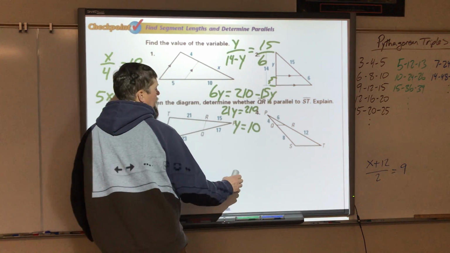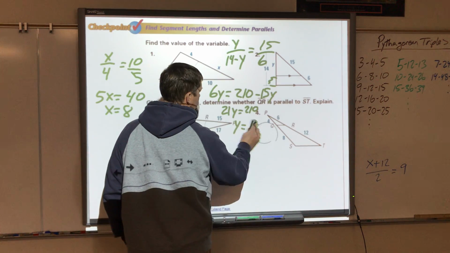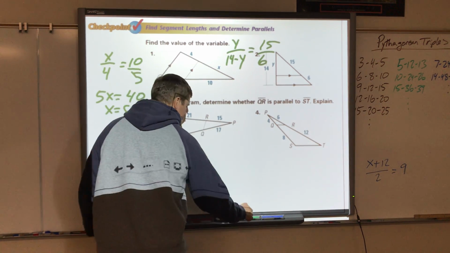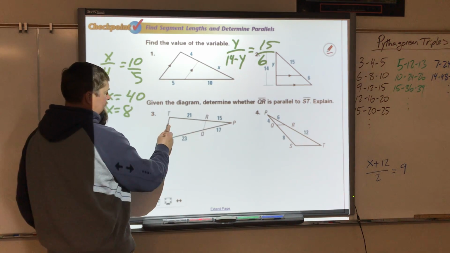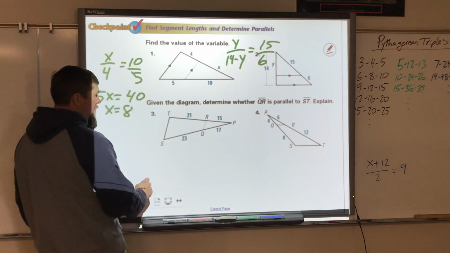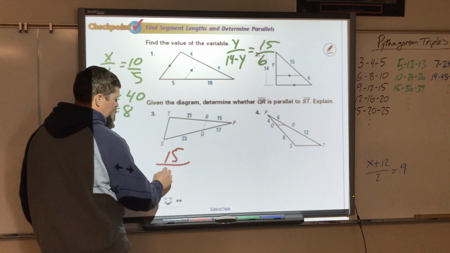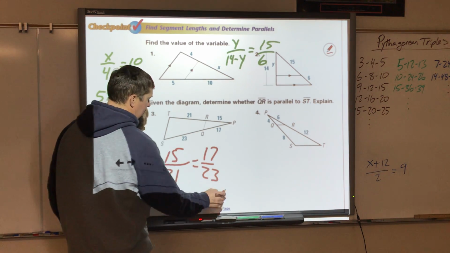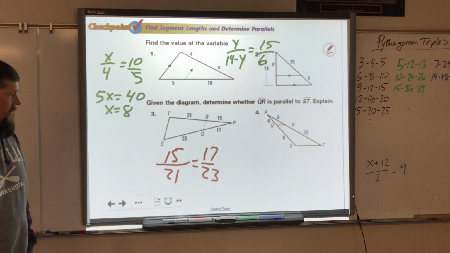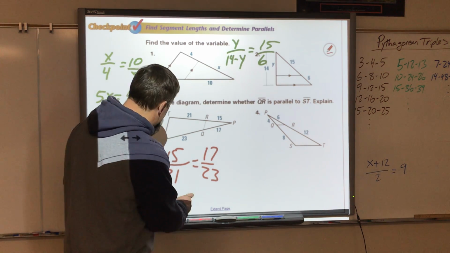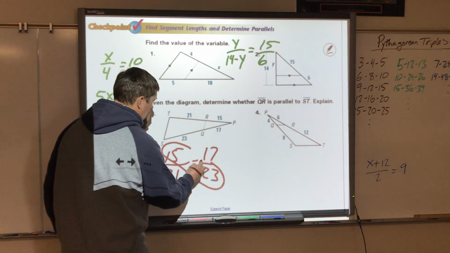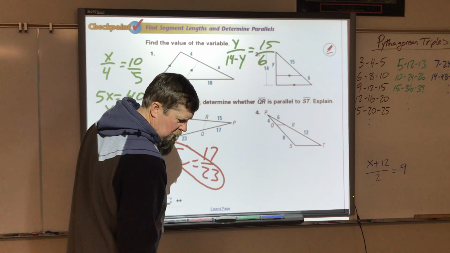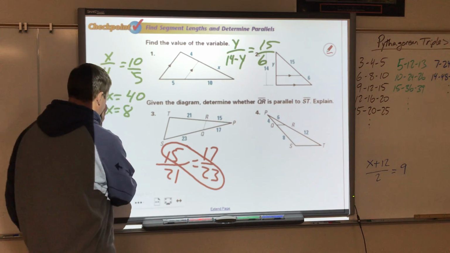I'm going to erase that so I can do the bottom ones. Now, the next one, let's see if these are parallel. If they are, then 15 over 21 has to equal 17 over 23. If I take 15 times 23, I get 345.